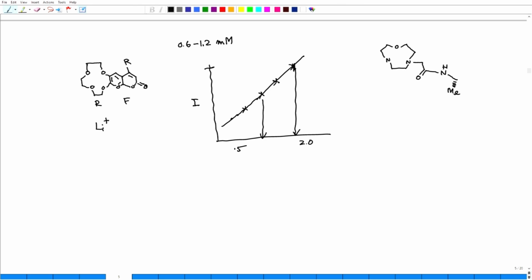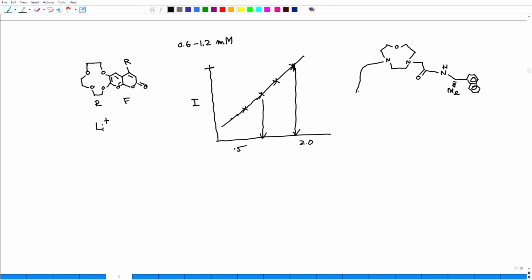This is my fluorophore, and the same thing is here also. These are two lithium sensors.